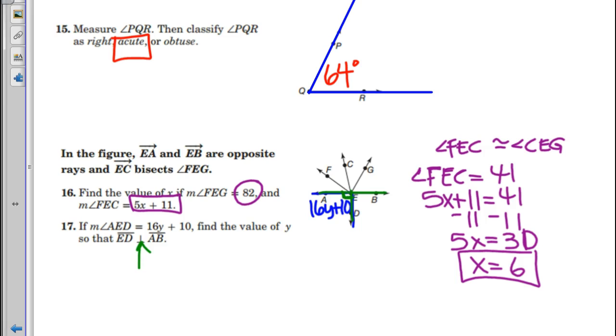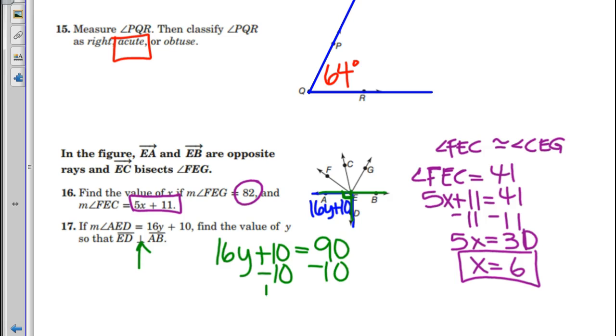So if I want those two segments to be perpendicular, that means 16y plus 10 has to be equal to 90 degrees. Perpendicular segments, lines, rays, whatever, intersect at 90 degrees.